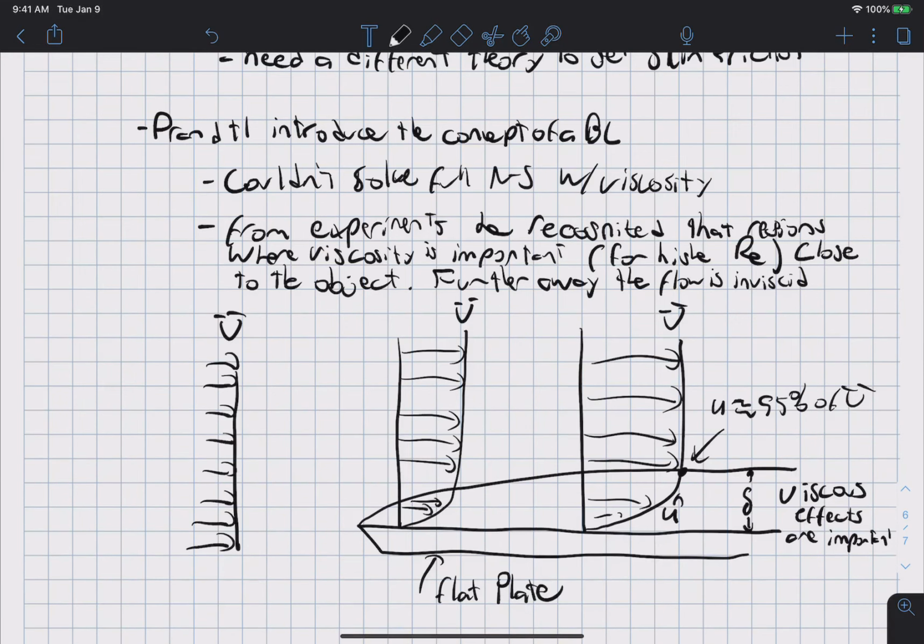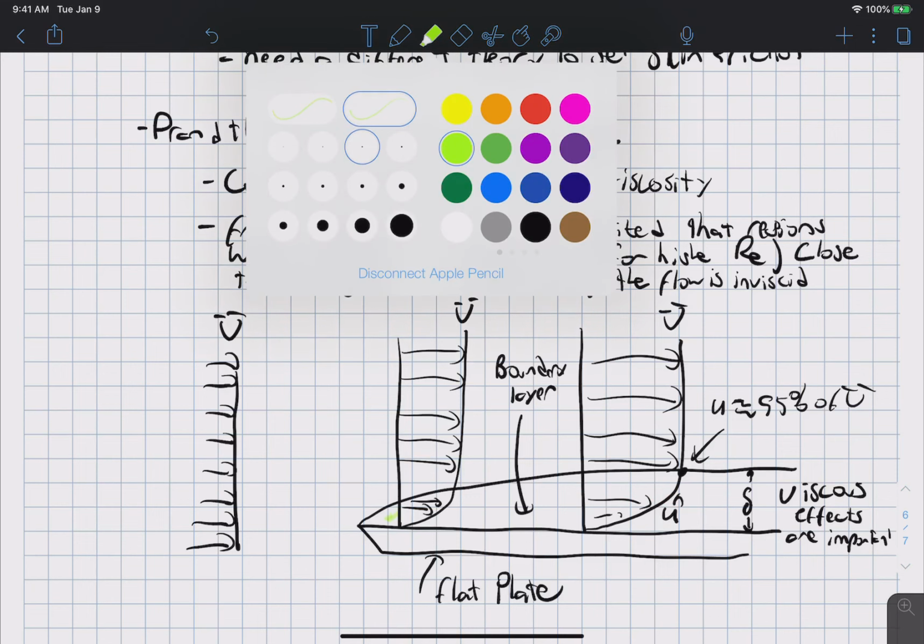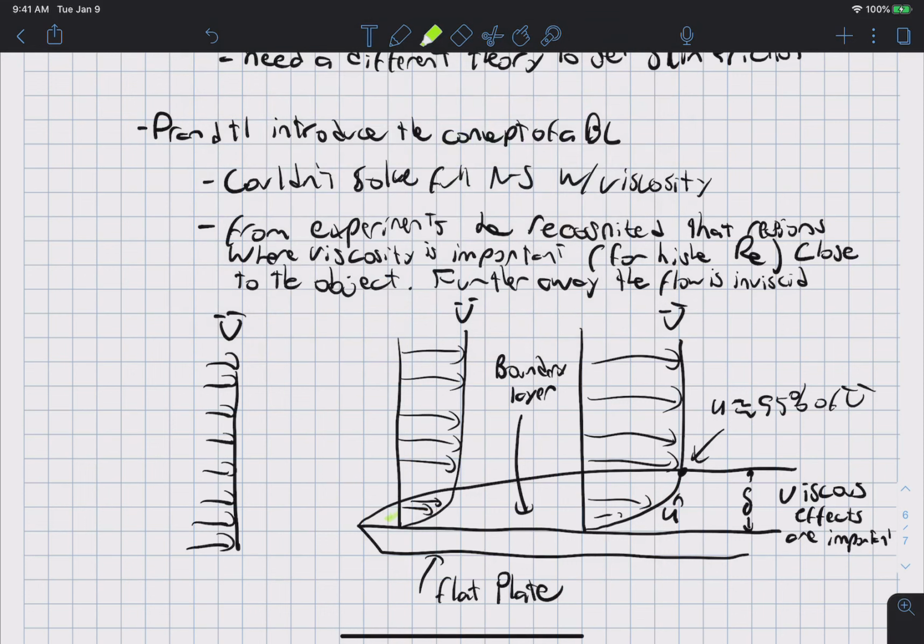So this region in here is called a boundary layer, and in this boundary layer is the region where viscous effects are important. If I use the same highlighter as last time to indicate where the viscous effects are important, it would be in this region only.